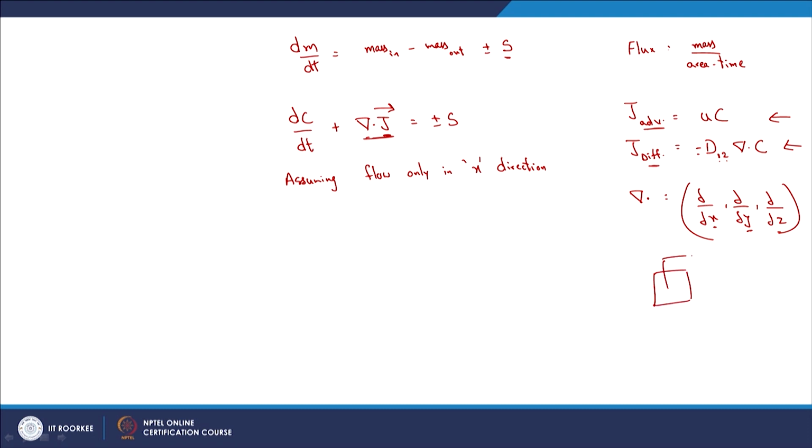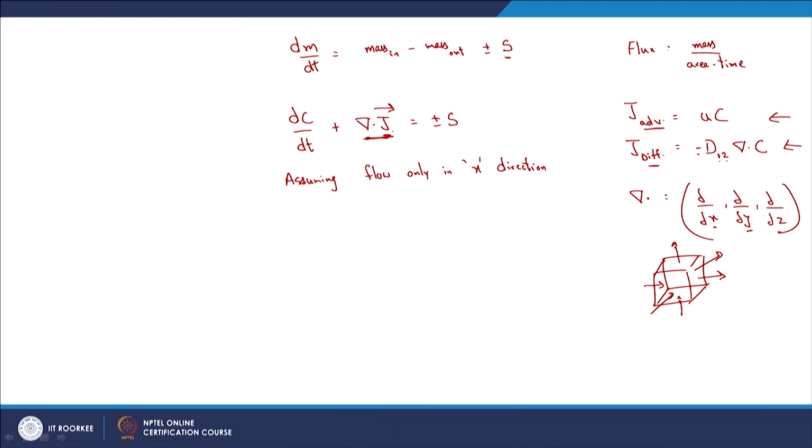I have this particular control volume. So when I say the del product of flux, I am concerned with flux going out in the x direction, flux coming in the x direction, and again the y direction, and then the z direction. Again, I am unable to draw a pretty good picture. So the del product will give me an idea about all the flux in the 3 dimensions, going out and coming in, right. That is what I am trying to look at here.